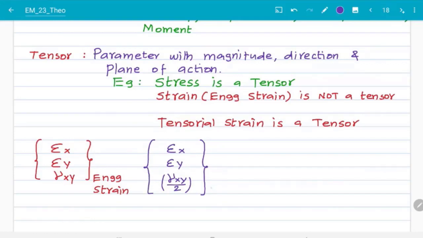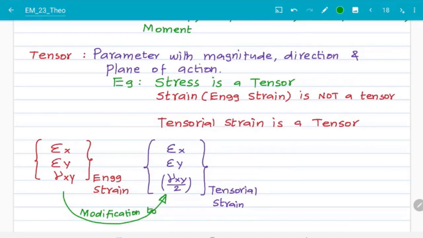It is called tensorial strain. Modification to get tensorial strain.